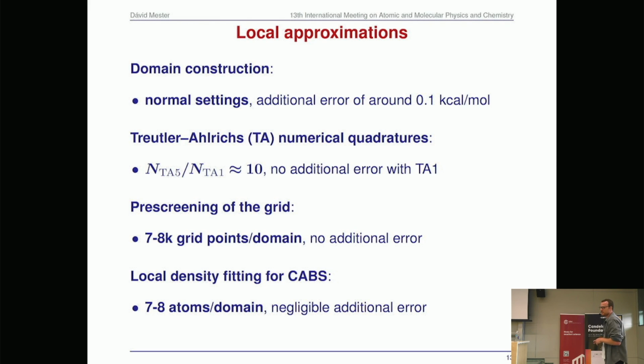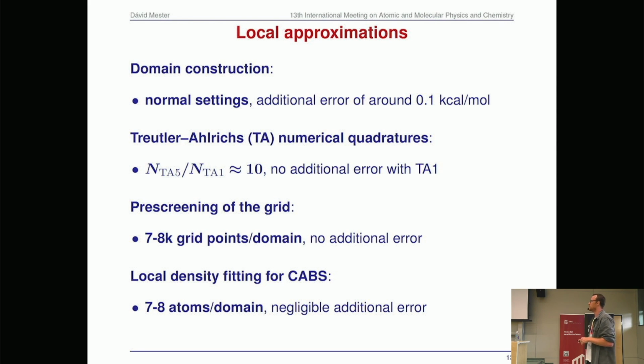First, we checked the size of the grid required for these calculations using the well-known Treutler-Ahlrichs numerical quadratures, and we found that the smallest grid, which is smaller by a factor of 10 compared to the largest grid, is highly sufficient for these calculations.